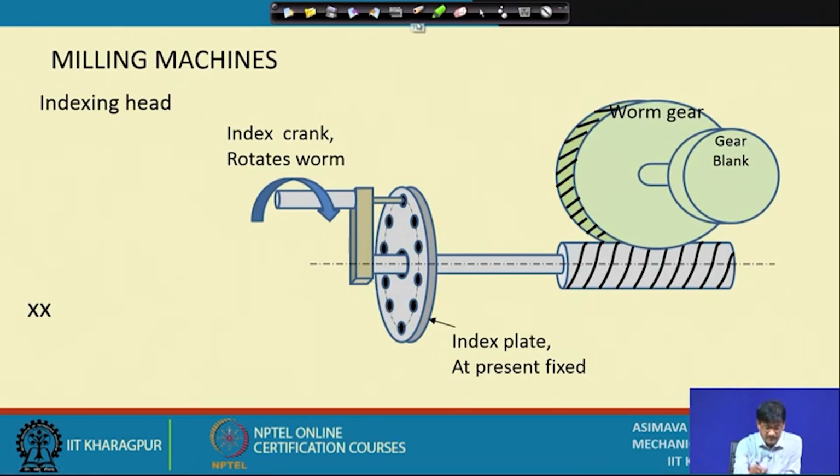So, I say that the nearest number of holes which I provide you is 70, and I write here n available. The available number of holes which are present here, which is nearest, is 70. But what do we do with that? If we use that, we are not going to get 71 teeth. We are again going to get 70 teeth, and that's going to mean that the gear won't be cut very accurately. So, let us see what is the possible solution.